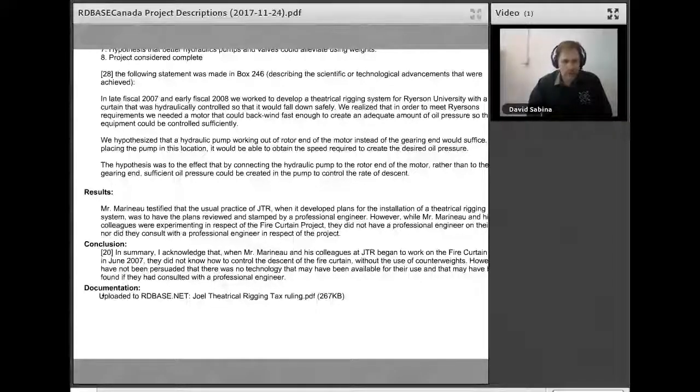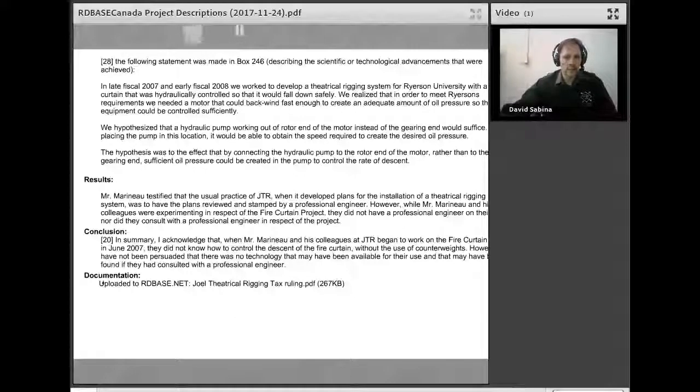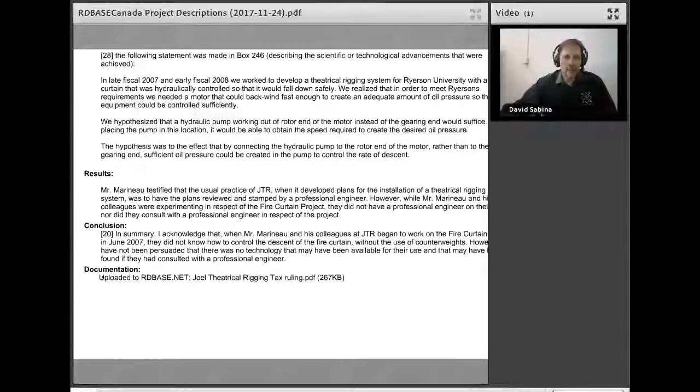The challenge from the CRA was that it really maybe was not within the realm of science because the performer was not qualified. They basically said in the court, in summary, Mr. Marino and his colleagues began the work on how to control the descent of the fire curtain without the counterweights.